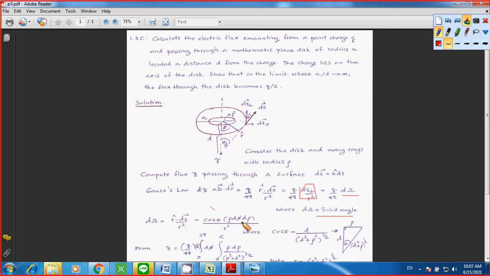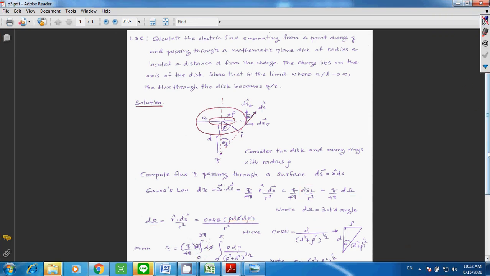What about your dS? Look at your dS. From the small sector here, your dS is actually the length multiplied by the width, where rho is the arbitrary radius, and the length becomes rho d phi. Okay, so you have d omega here. Now you can continue working on the equation.